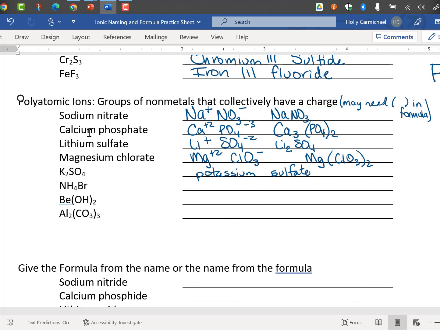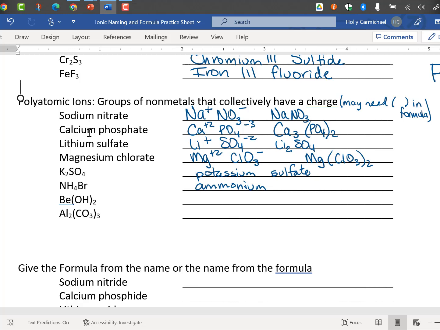So NH4Br, ammonium, right? So NH4, that one's the only kind of oddball, so I like to put a little note. This is still an ionic compound. Even though when you look at this, do you see nitrogen, hydrogen, bromine? Nitrogen and bromine are over in the nonmetals. Remember, hydrogen acts like a nonmetal.